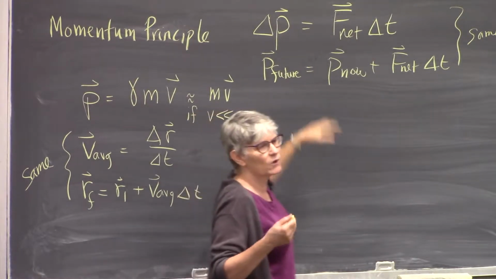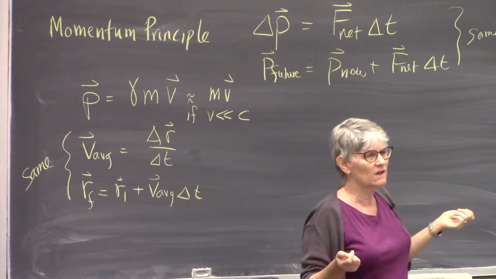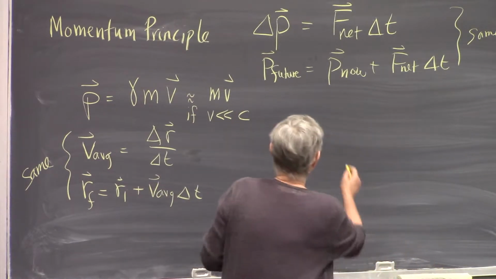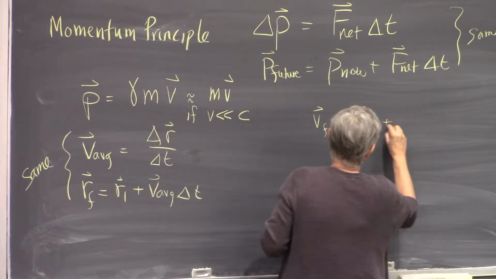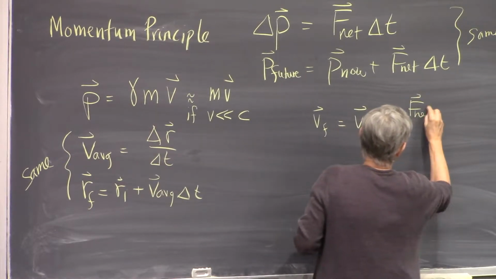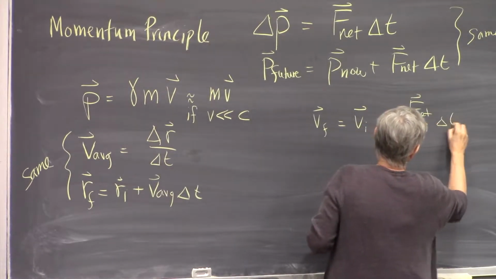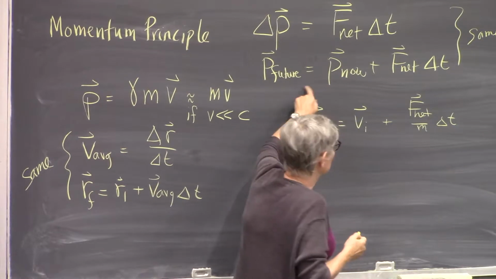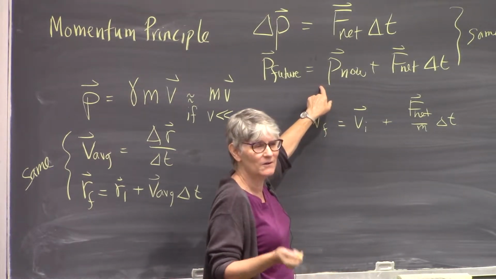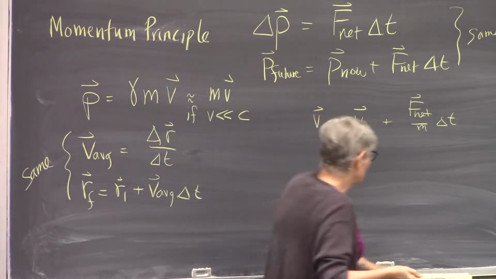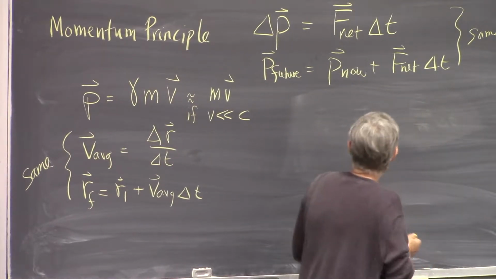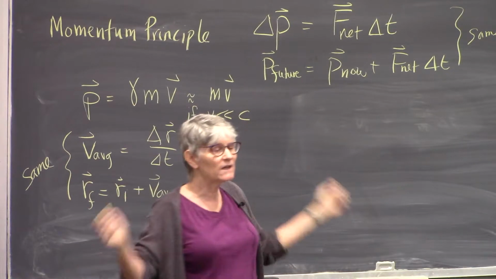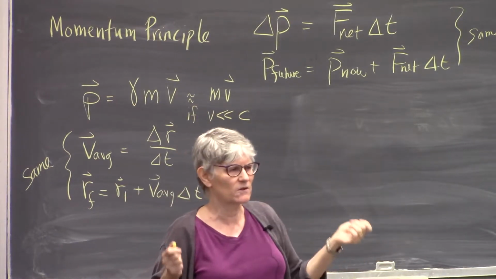If we're going to update velocity, this equation, V final is V initial plus F net over the mass times delta t. That's this equation just divided by m. So that's not fundamental. There really isn't anything else fundamental so far.